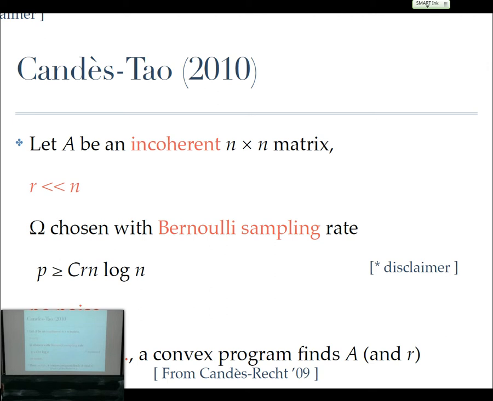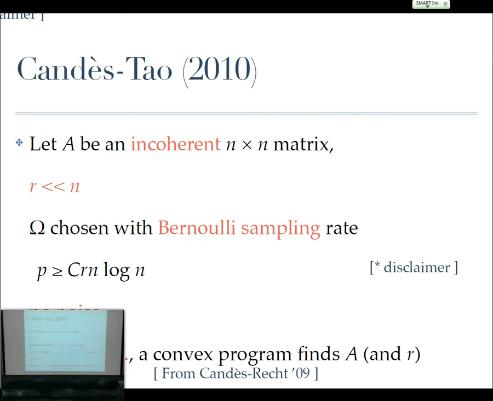They have an explicit algorithm, and it's a convex program. And it finds A. In fact, their convex program doesn't really need to know r. It will just fail if r is not known to be small. Okay. And something I want to do is explain a little bit why this theorem has such complicated hypotheses and conclusions, and maybe what else you can do.